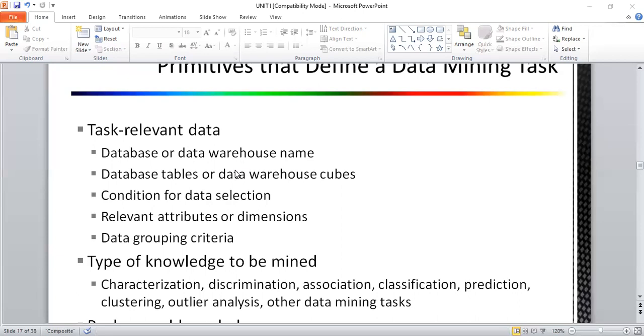That kind of task relevant data can be extracted from data warehouses by utilizing these operations. Now, condition for data selection, relevant attributes or dimensions, data grouping criteria. So these are certain functionalities that you can utilize to extract the information related to the data for which you want to work.